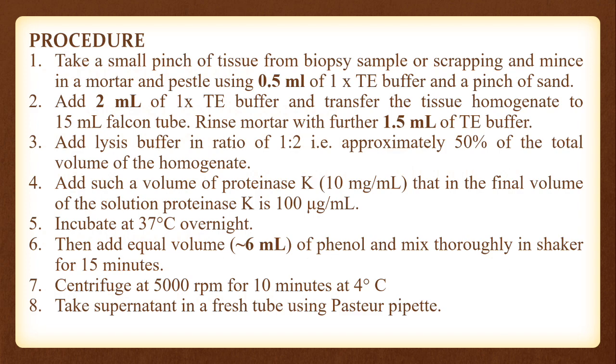Then add an equal volume, approximately 6 ml, of phenol and mix thoroughly in a shaker for 15 minutes. Then centrifuge at 5000 rpm for 10 minutes at 4 degrees centigrade. Take the supernatant in a fresh tube using Pasteur pipettes.